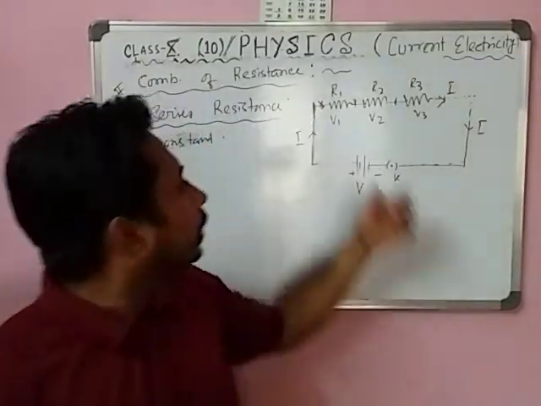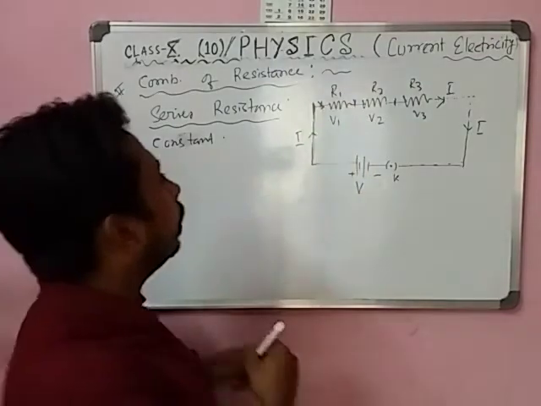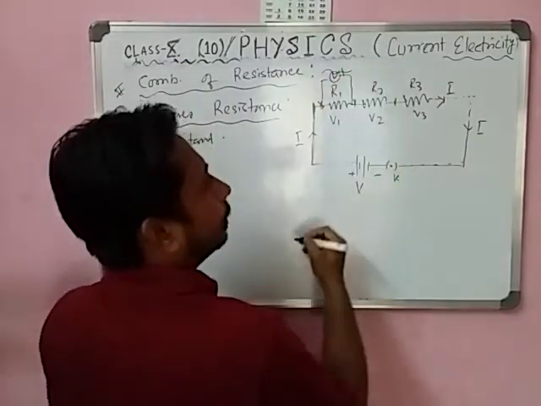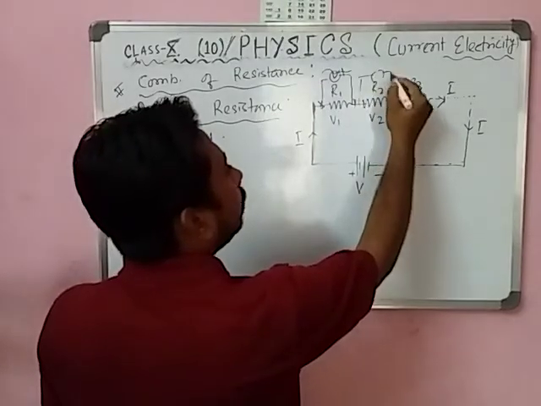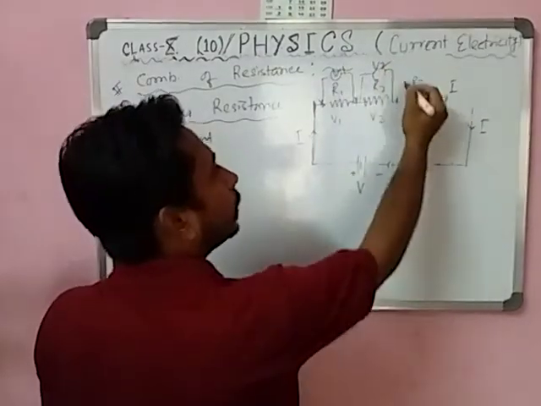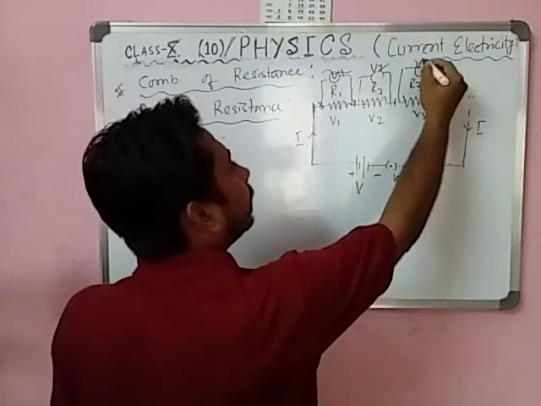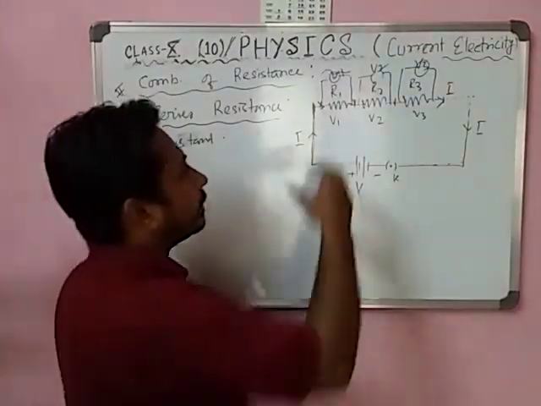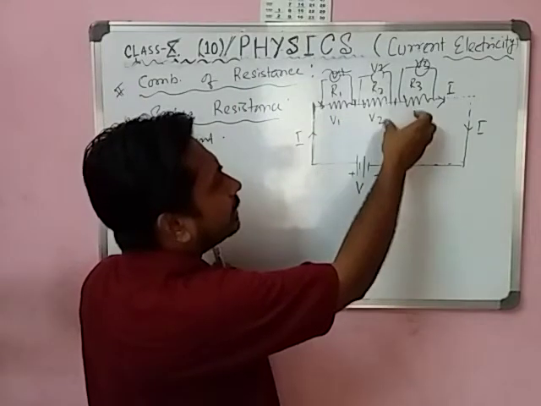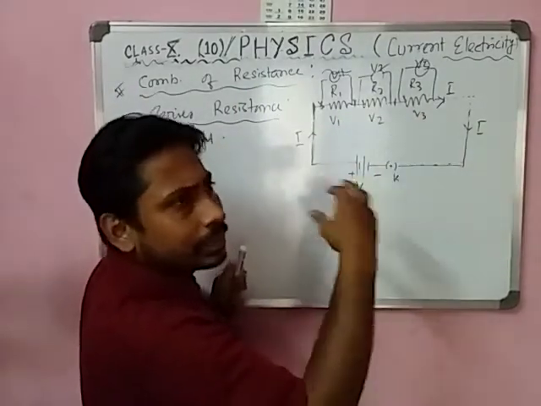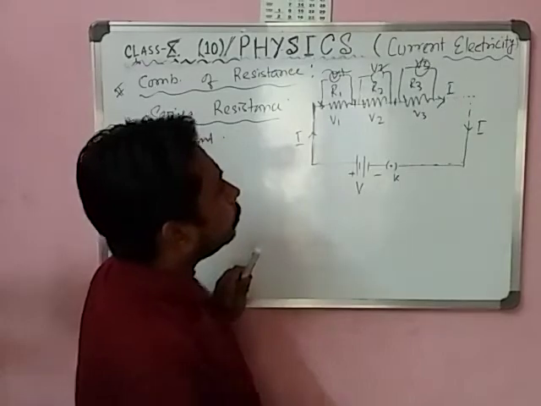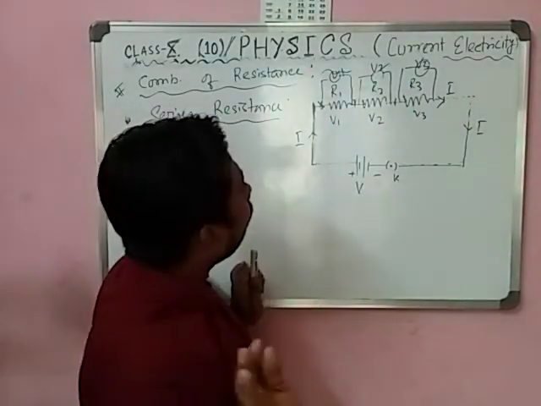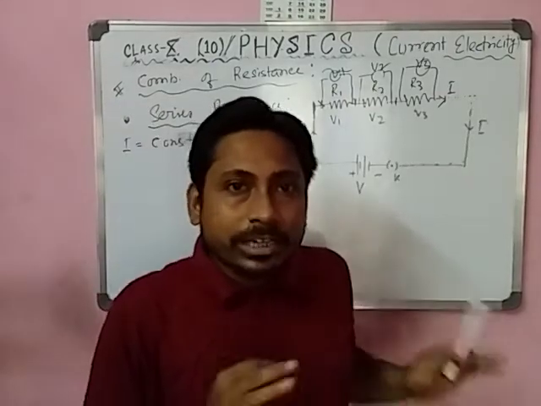If you attach a voltmeter here, it gives V1. If you attach a voltmeter here, it gives V2. If you attach a voltmeter here, it gives V3. So separate resistances offer separate potential differences, PD for short. So here the difference is in potential.